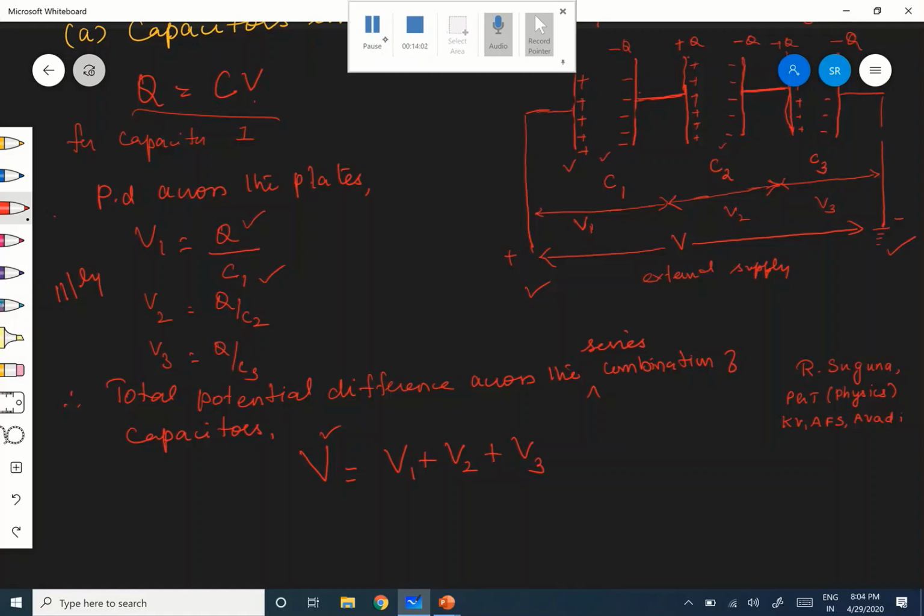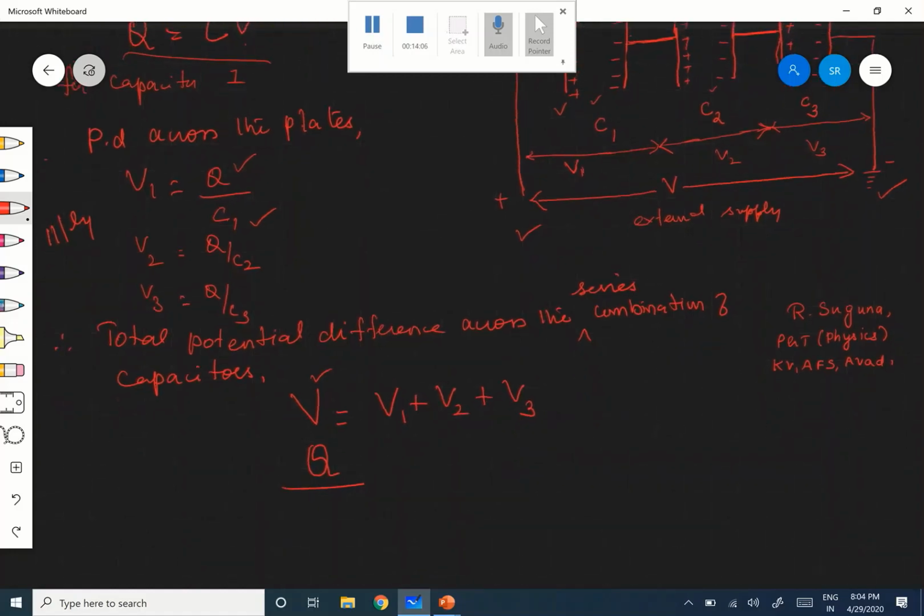V is equal to Q divided by, what? The total potential difference across all the capacitors is equal to the total charge divided by the total capacitance. The total charge here is Q only. The total capacitance of the series combination is nothing but the equivalent capacitance, the net capacitance.